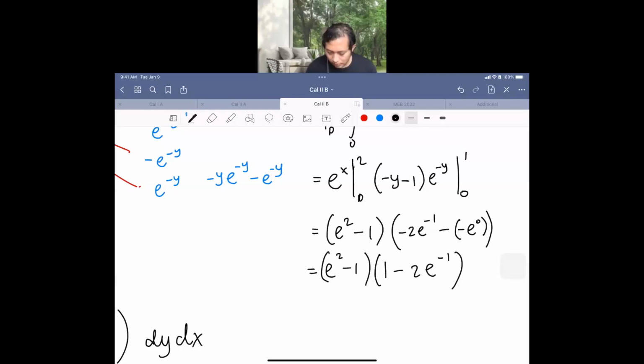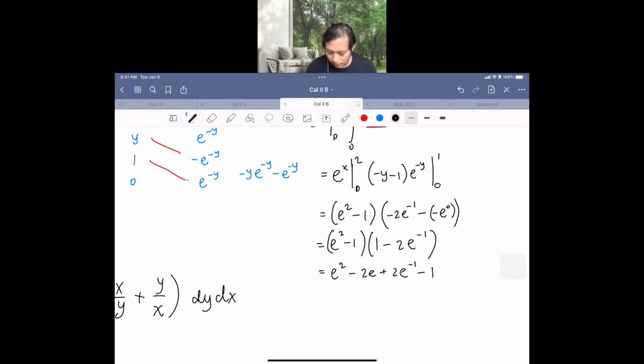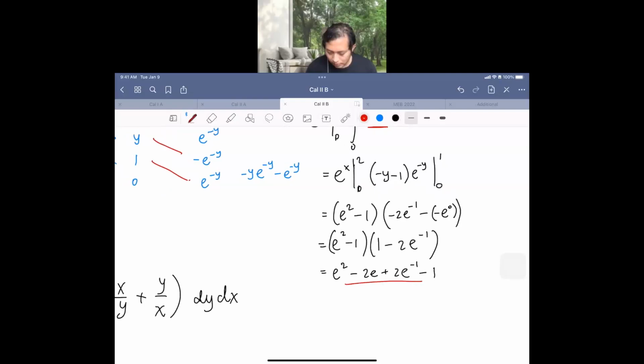Or if you want to calculate in a clearer form, we could have, okay, you can just stop here, but if you stop at this one, that's all perfectly fine.